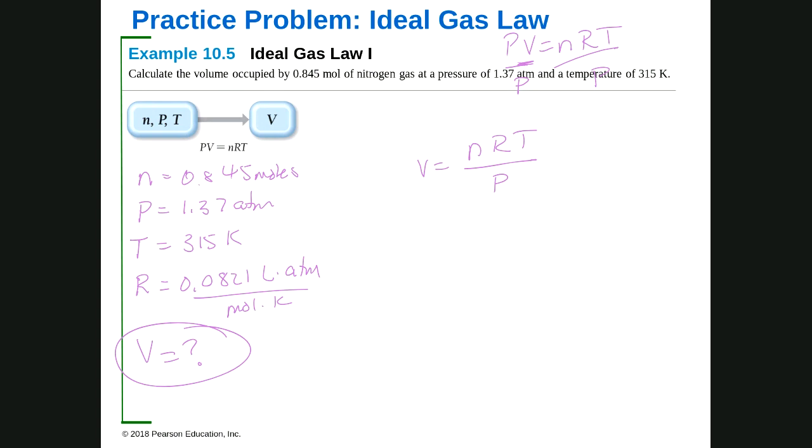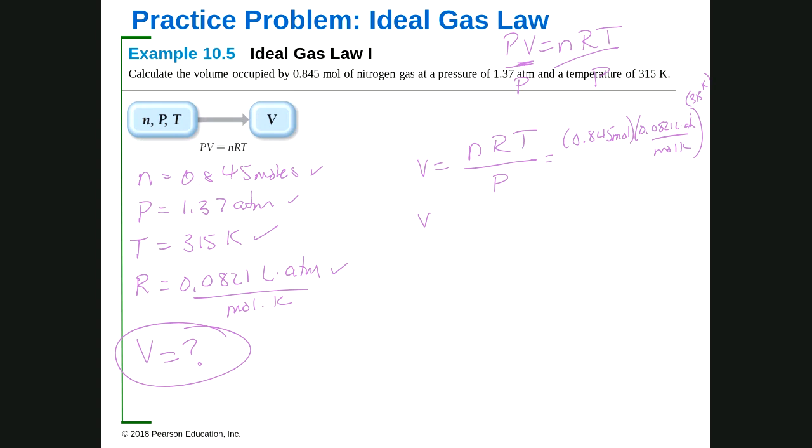And so I've got moles, I've got atmospheres, I've got Kelvin, and then I've got my constant. So I know everything is going to be lovely. So I've got 0.845 moles. I've got R, 0.0821 liter atmosphere over mole K. And I've got temperature, which is 315 K. Hopefully you can write it neater than I did.